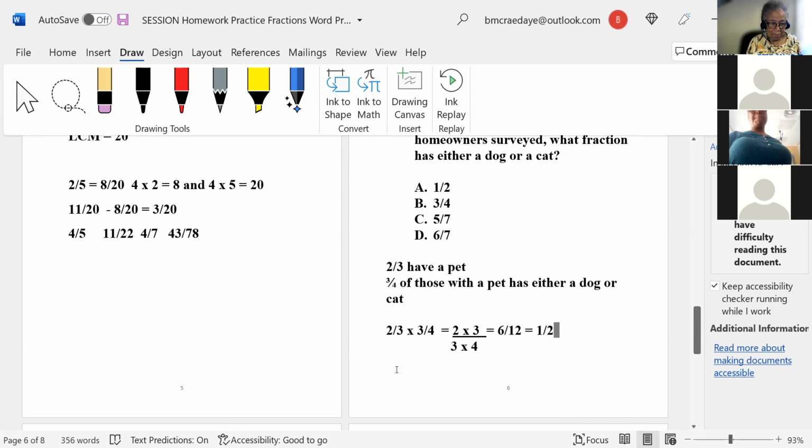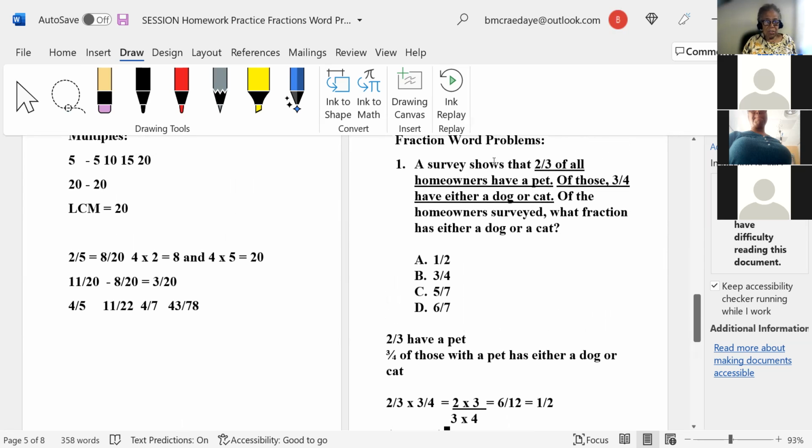So I used the wrong method to do it. Yeah, you used the wrong mathematical operation. It's a multiplication. Answer A. The key to this problem is 2/3 of all.